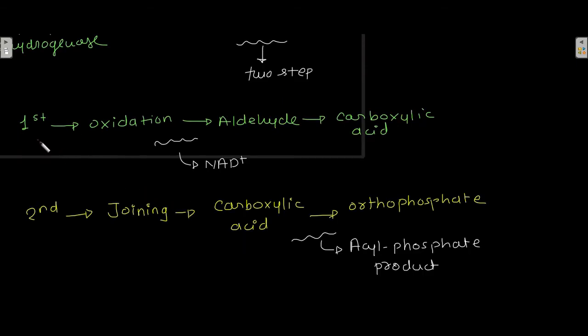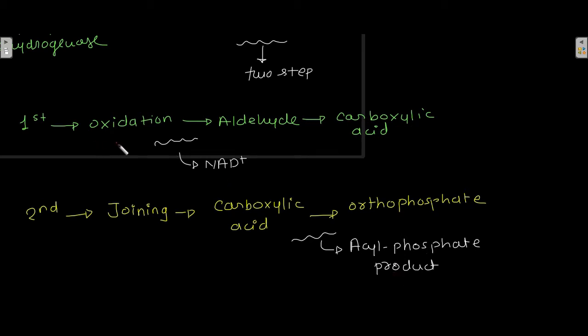In the first step, there is oxidation of the aldehyde into a carboxylic acid by NAD+, which acts as the oxidizing agent. In the second step, the carboxylic group joins to the orthophosphate, and when these two join, an acyl phosphate product is produced.